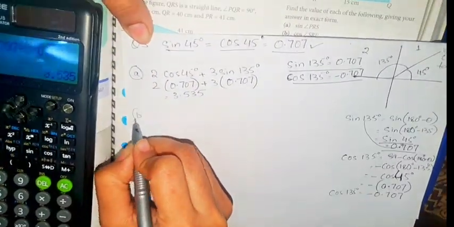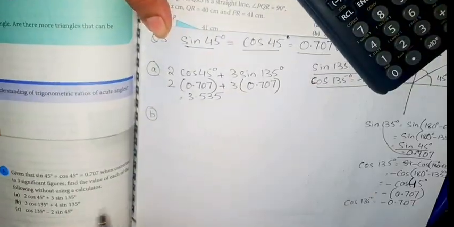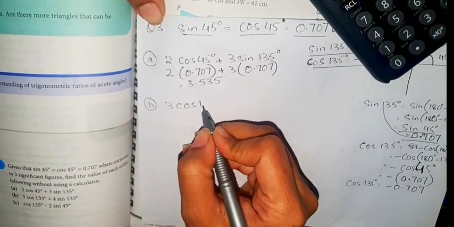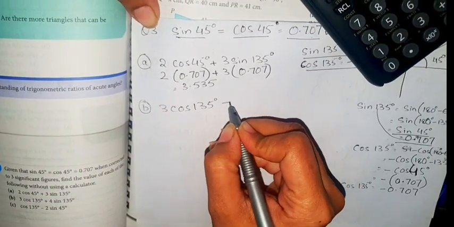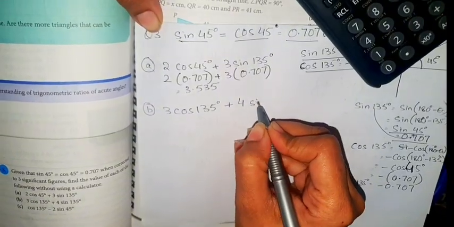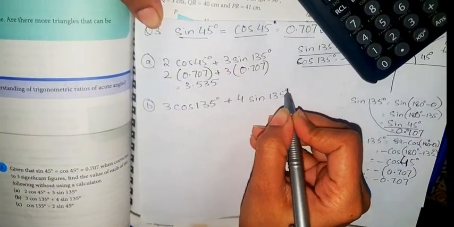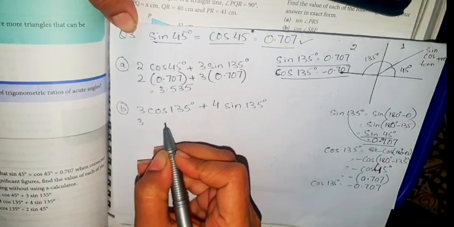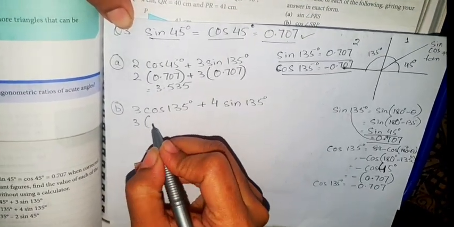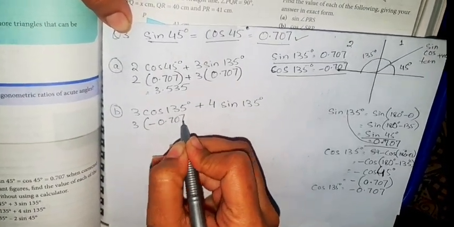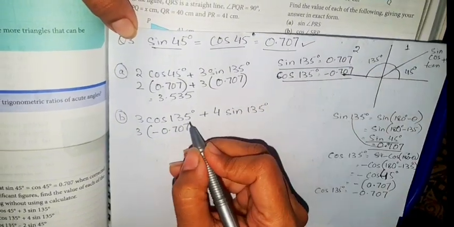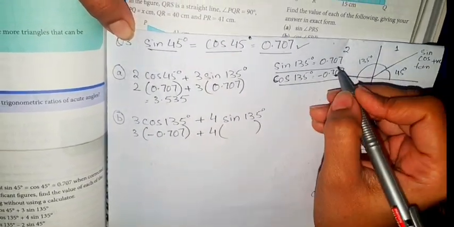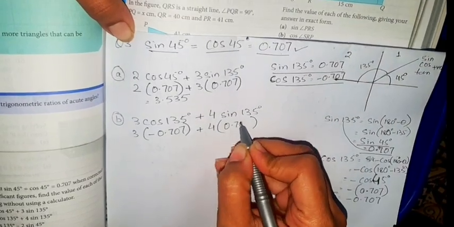Now move to part B. Part B is 3 cos 135 degrees plus 4 sine 135 degrees. What is the value of cos 135? That is minus 0.707, see over here, plus 4 sine 135 degrees, which is 0.707.